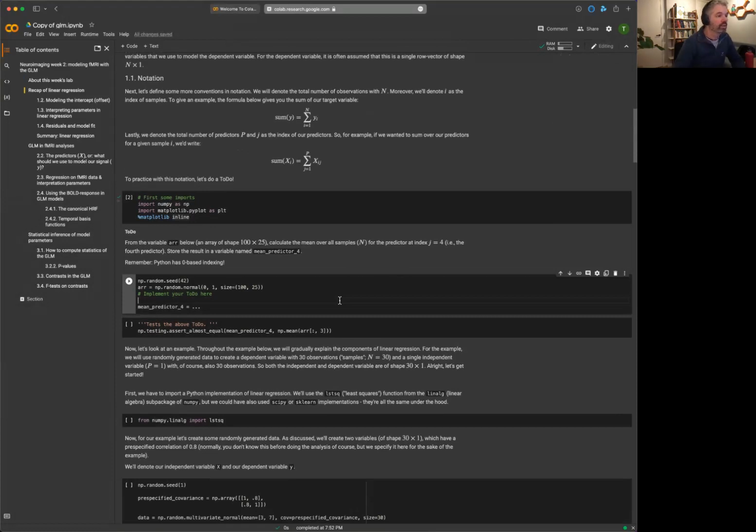So the first time we do anything, we have to calculate the mean over all samples of the predictor. The predictor at index j is 4. This is the fourth predictor.